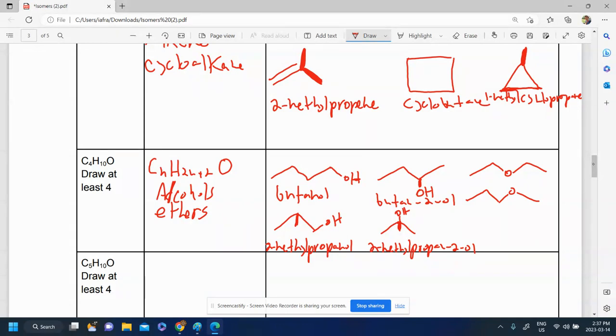So we have ethoxyethane. Here it looks like we have 1, 2, 3. So methoxypropane. And I believe that is all you can make in terms of the structural isomers of C4H10O.